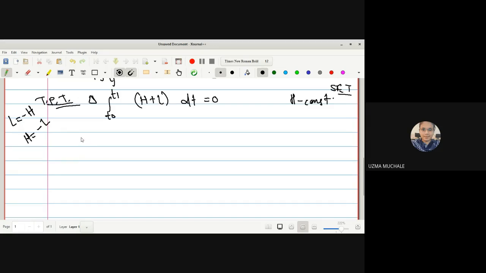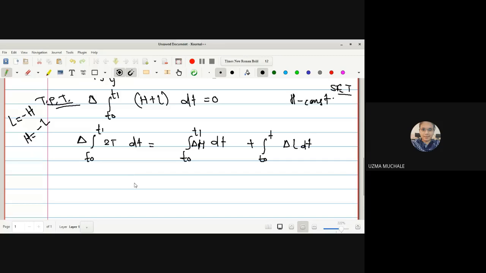So hence now we can write it as integration t naught to t1, what is the value? 2T's value has come, h plus L. So which is equal to integration of capital delta h, t naught to t1 dt, plus t naught to t1 delta L dt.